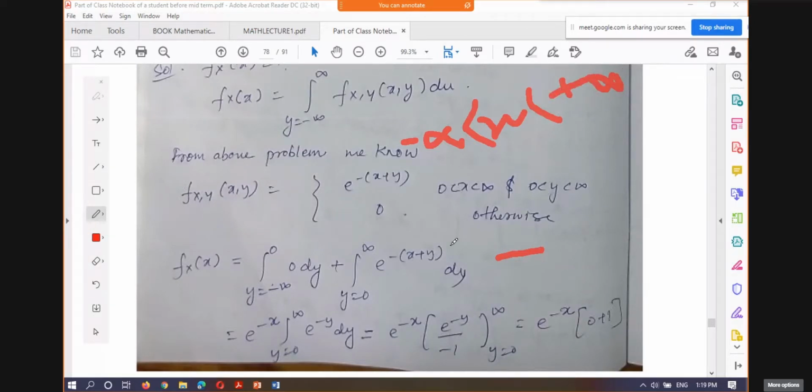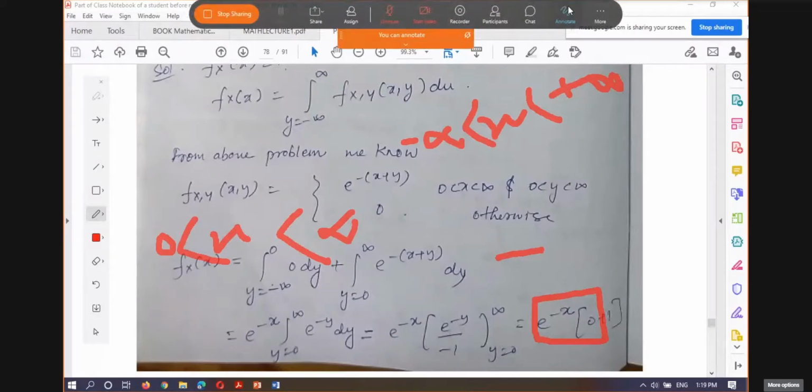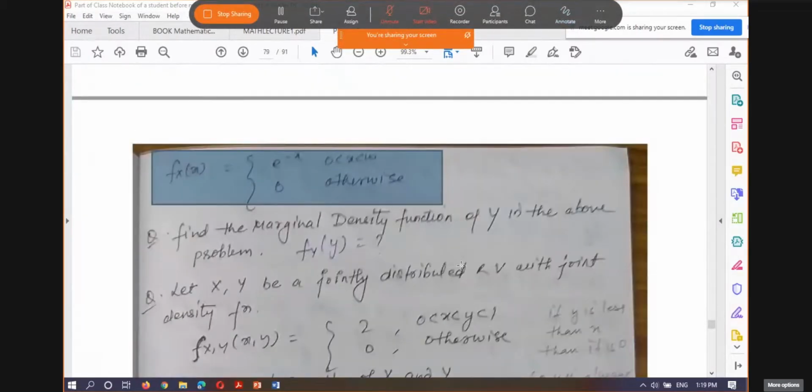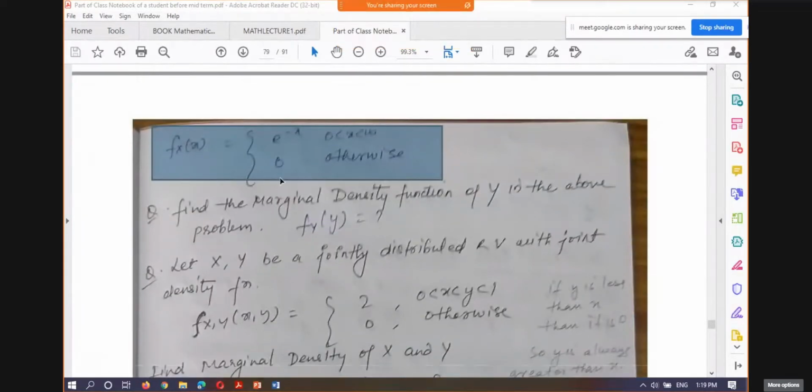For minus infinity to 0 it is 0, and for x greater than 0 and less than infinity it has the value e raised to power minus x. So after this calculation, we have this as the marginal density function of x. Similarly, you can calculate the marginal density function of y also.